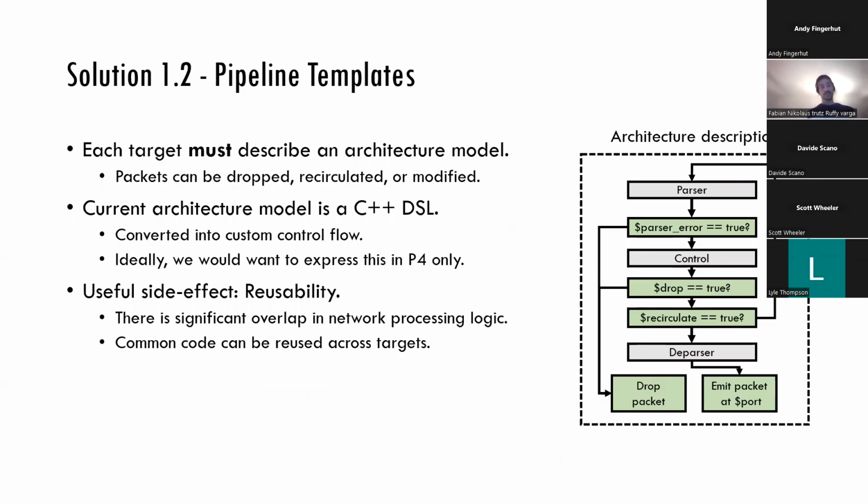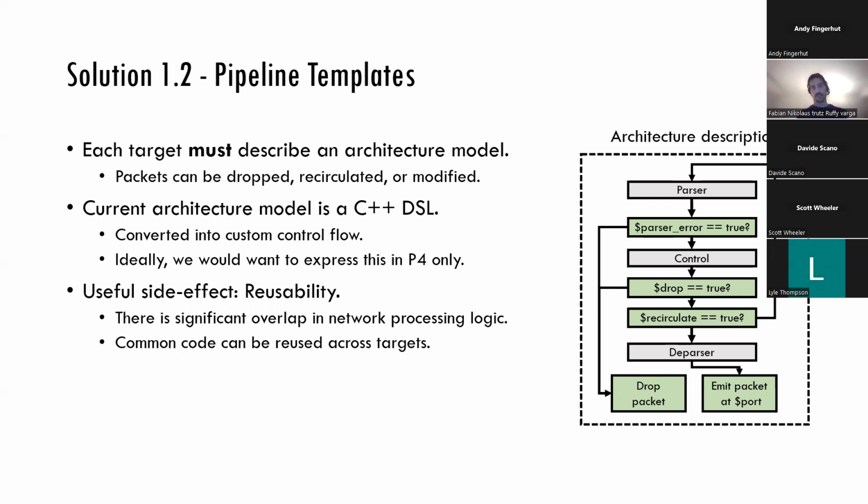The second item we use are so-called pipeline templates. Similar to a P4 program having an architecture file, each target here must describe an architecture model. It describes the particular control flow that can happen in between the programmable blocks and how metadata, for example, is interpreted and can affect program execution.